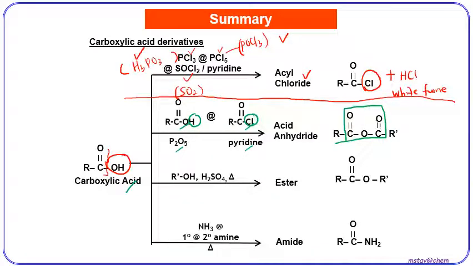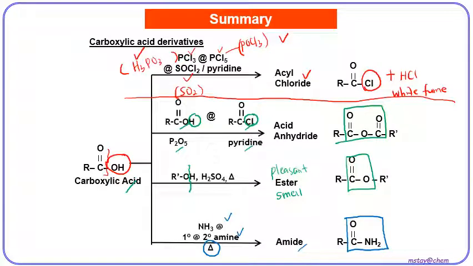For the ester, as we already know, esters have a pleasant smell. The formation of ester is always from carboxylic acid and alcohol. For the part from the alcohol, the bond is broken between the O and H. So that's why we get the functional group C double bond O, O. Then the next one is the carboxylic acid reacting with ammonia or amine under heat, which will form the amide, C double bond O and NH2.